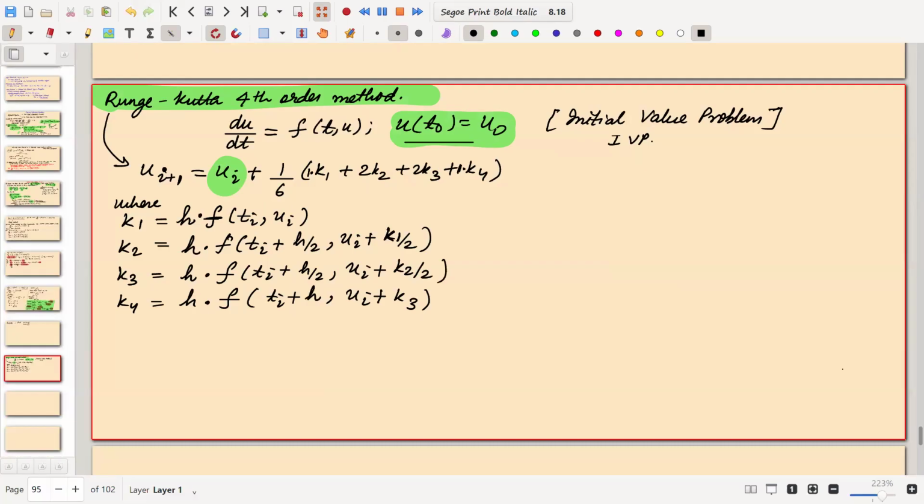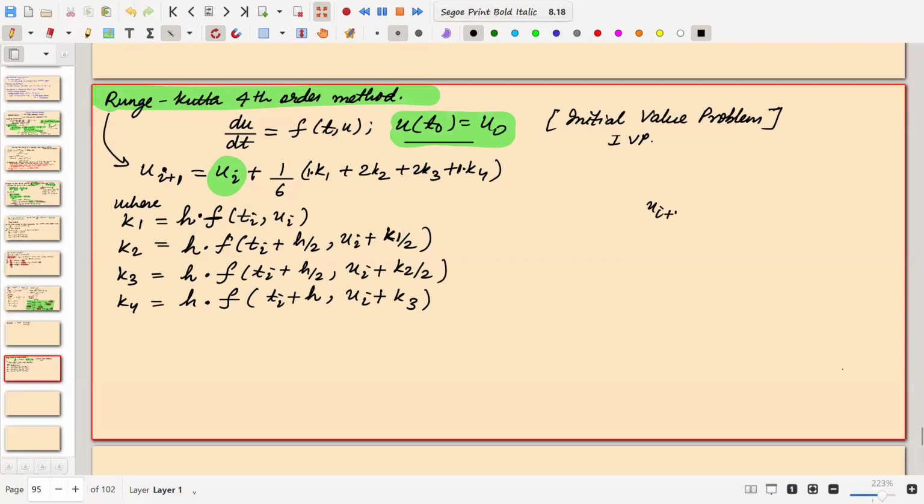If you only take K1, no 6 in the denominator, and K2, K3, K4 all are 0, then is it an Euler method? Are you able to see it's an Euler method or not? Yes.